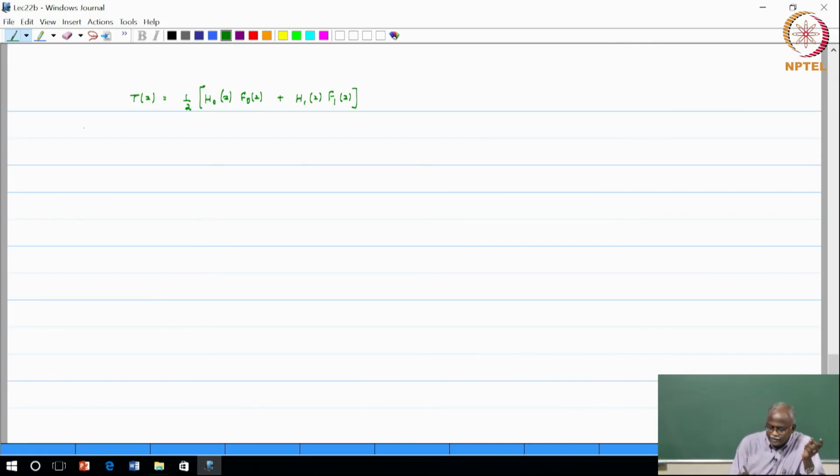Let us say that aliasing cancellation is done. I choose the aliasing cancellation. Quadrature mirror filters condition satisfied. Magnitude distortion I am going to allow, but minimize.